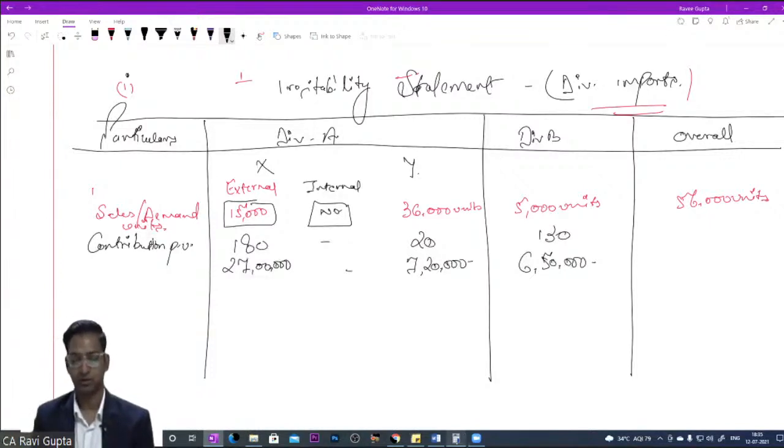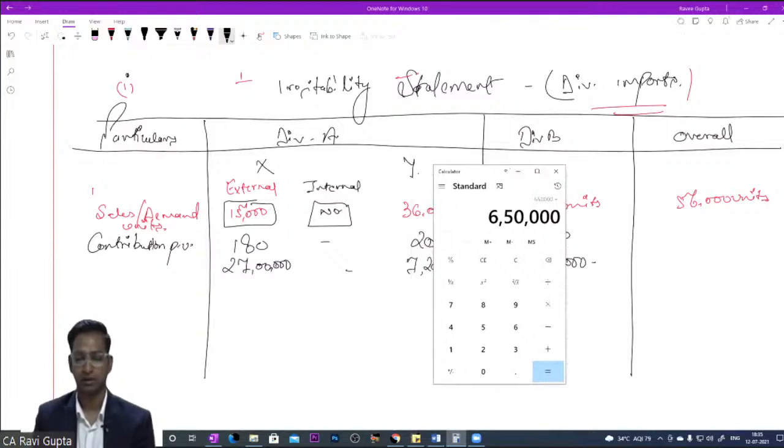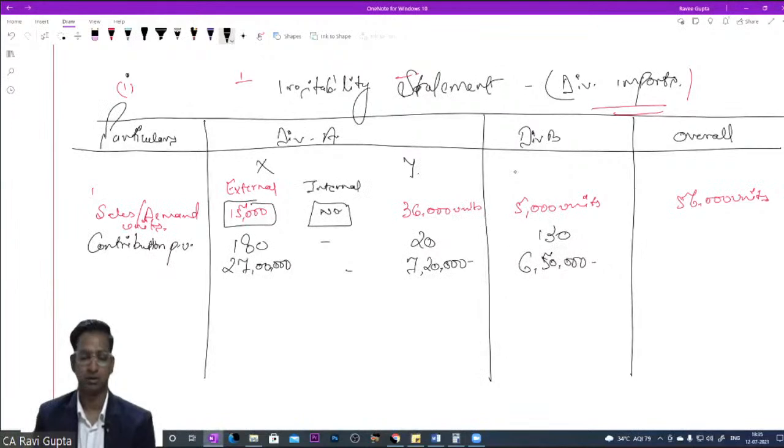Okay, so this becomes plus. We can do the total afterwards. This is called total contribution.